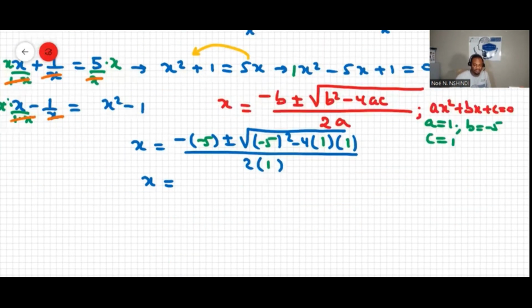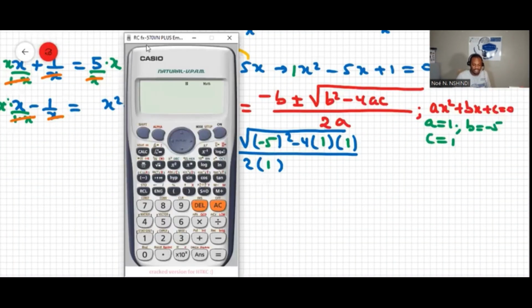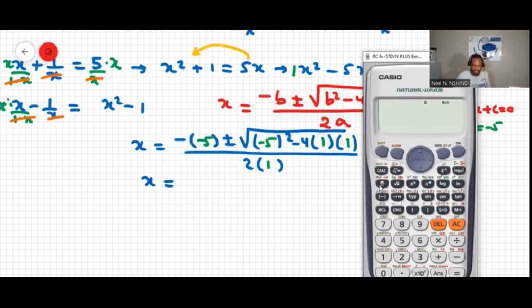We can use a calculator for that. I am going to substitute in: the fraction, negative, open bracket, minus 5, close bracket, then plus, then square root of -5 raised to the power of 2, minus 4 times 1 times 1, close brackets, all over 2a, which is 1.